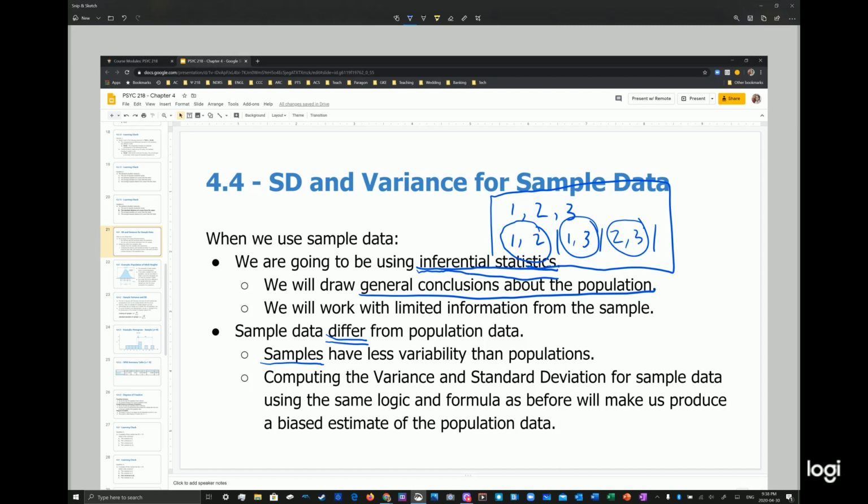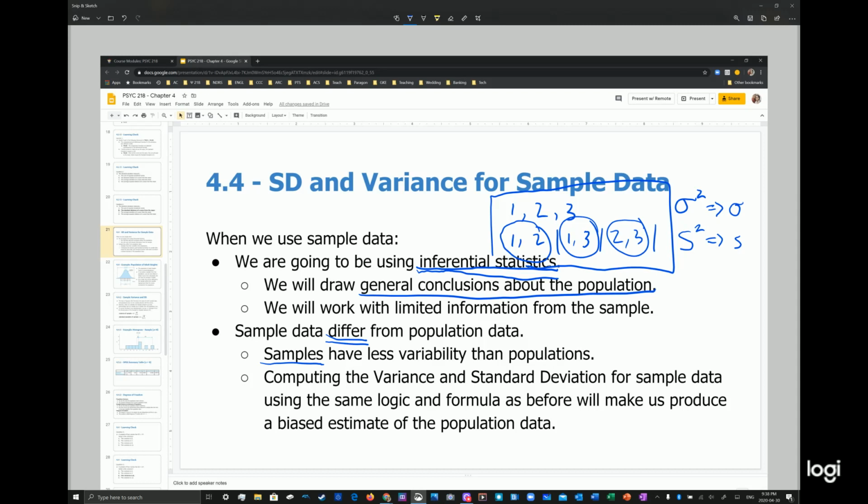You can also measure this in standard deviations, and you can see the population variance here, sigma squared, and then we'll go into standard deviation. Here we'll use S for sample standard deviation and sample variance. It's going to be less. We're going to have less variability.